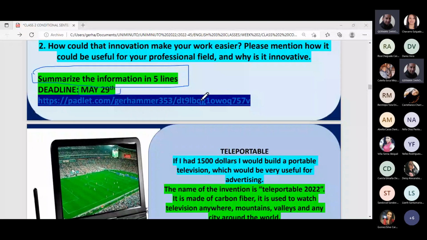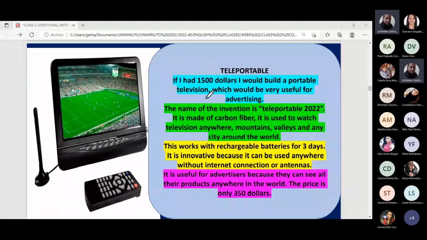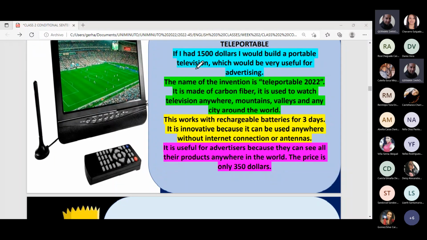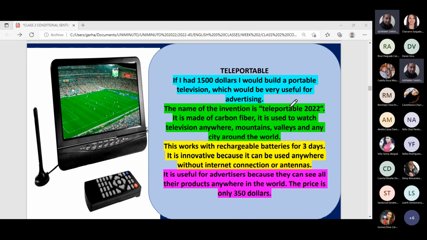Okay, remember that I made my brainstorming. I answer, for example, the question like this. If I had $1,500, I would build a portable television, which would be very useful for advertising. The name of the invention is Teleportable 2022. It is made of carbon fiber.